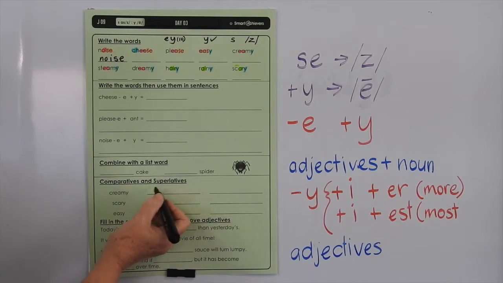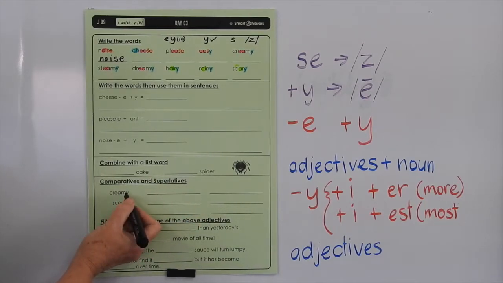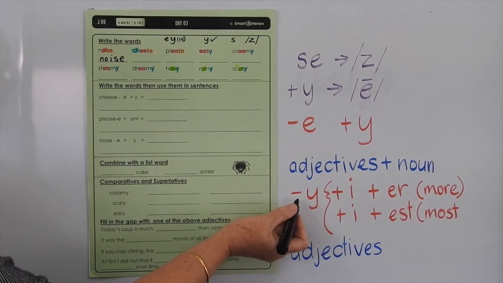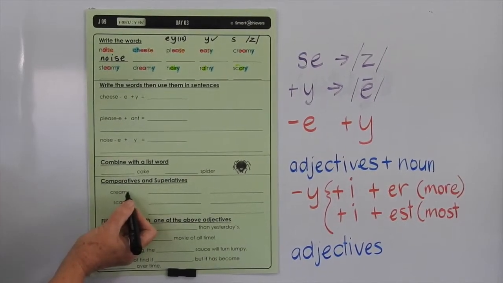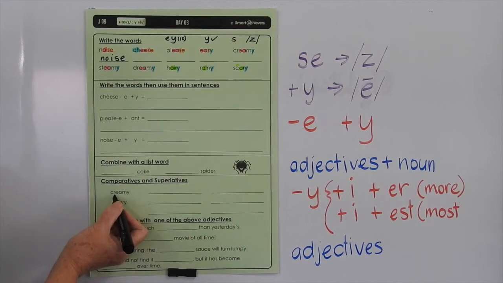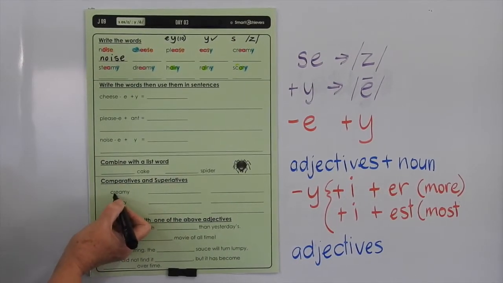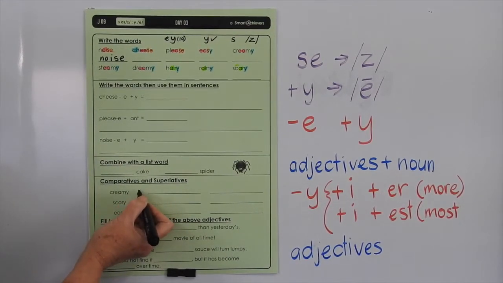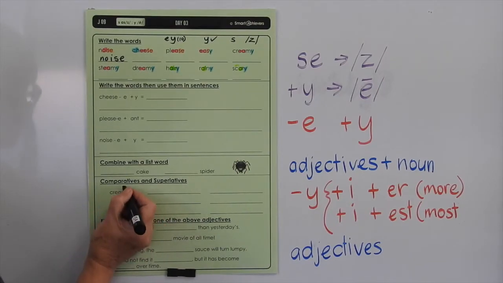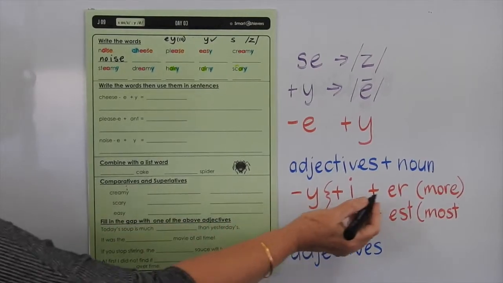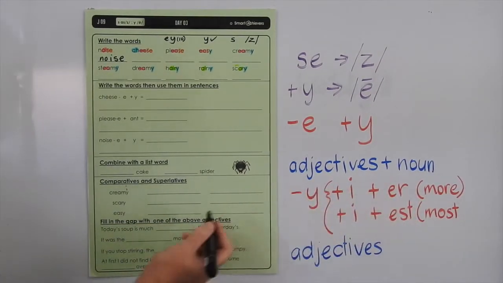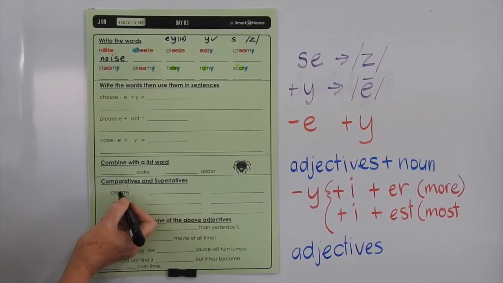Comparatives and superlatives. Now if a word ends in Y, you have to take away the Y and add an I. So we don't want to get rid of that sound there. We don't want to write creamer, scarer. We want to have creamier. So we need that Y to change to an I to get that sound in there. And then we add the ER for the comparative to make it mean more.